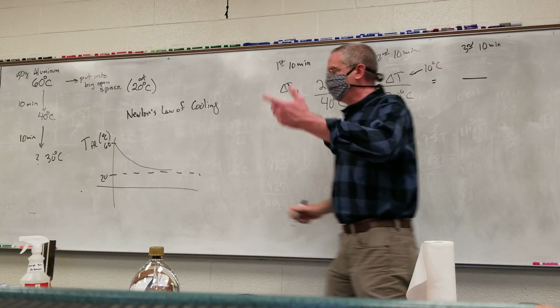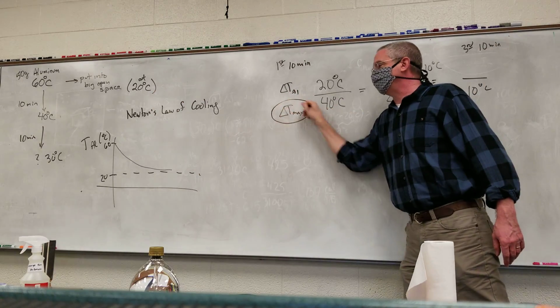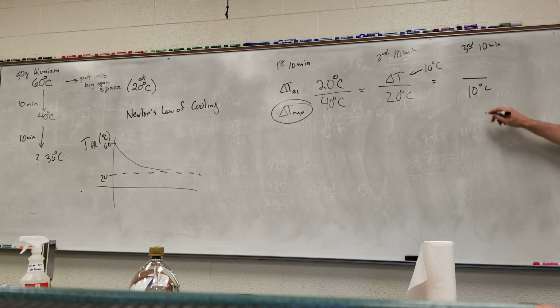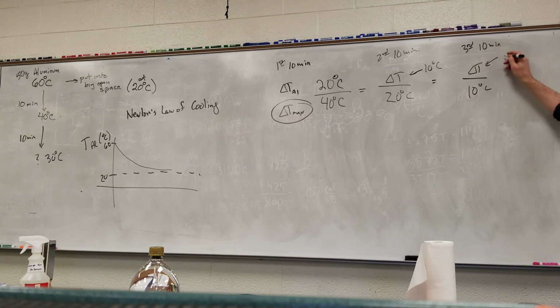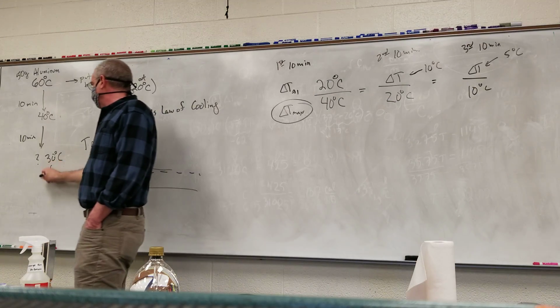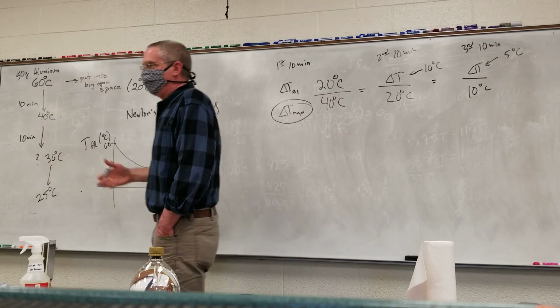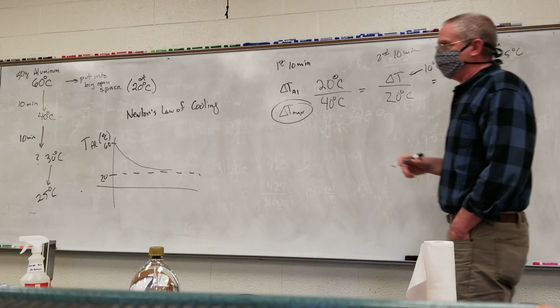So it could lose 10 degrees Celsius. Again, that's the maximum it could possibly lose. And so now the change in temperature is 5, not meters per second, 5 degrees Celsius. So it's going to lose 5 there, so now it's going to be at 25. And it's going to lose half every single time, given my initial setup.